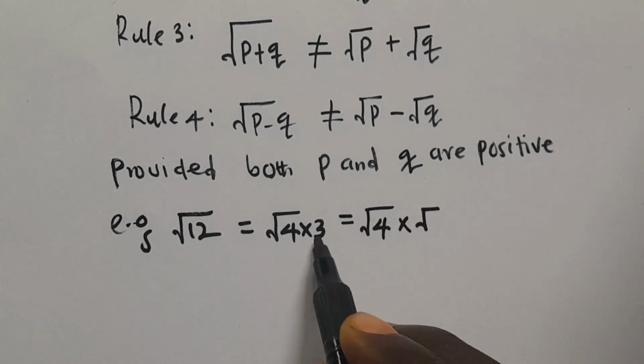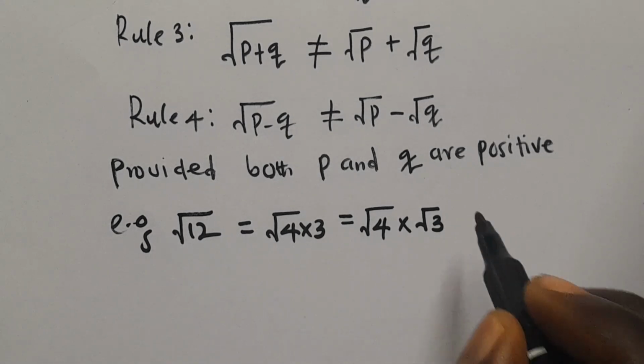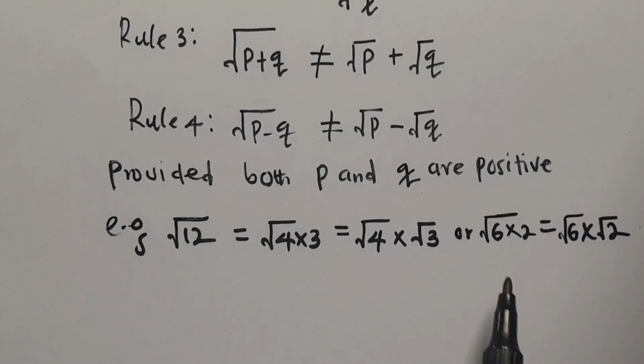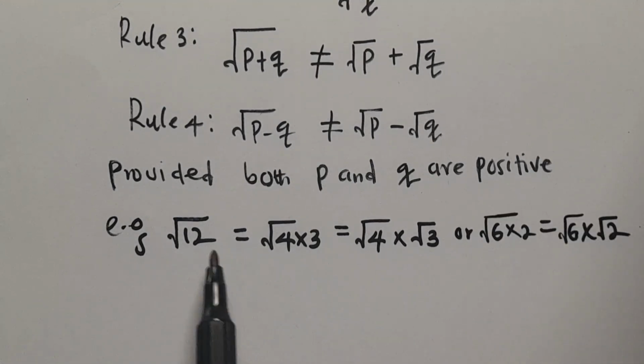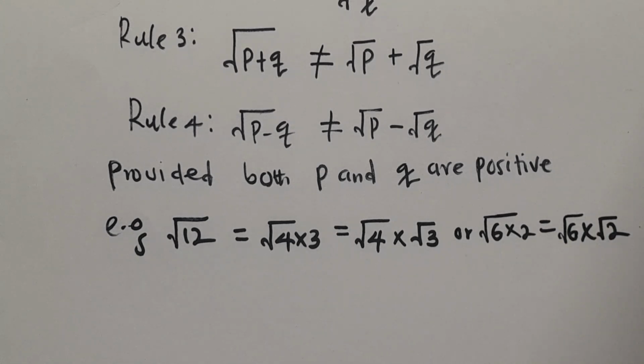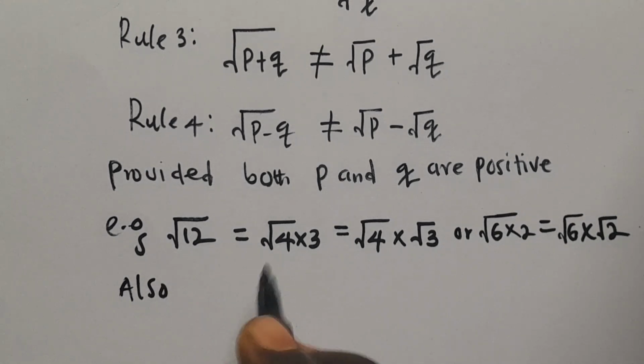So we can have this equal square root of 4 multiplied by square root of 3. Or when you have 6 multiplied by 2 equals 12, then we can have this equal square root of 6 multiplied by 2, which equals square root of 6 multiplied by square root of 2.